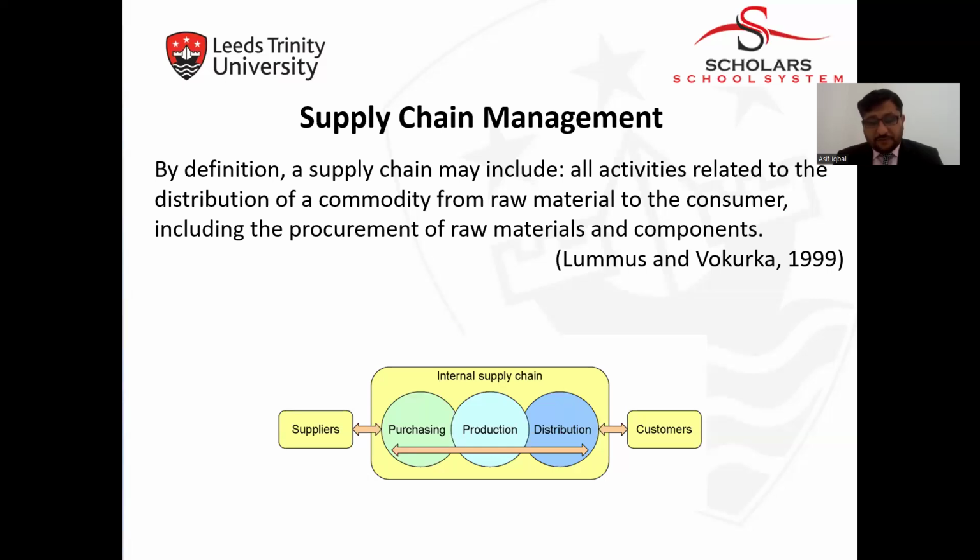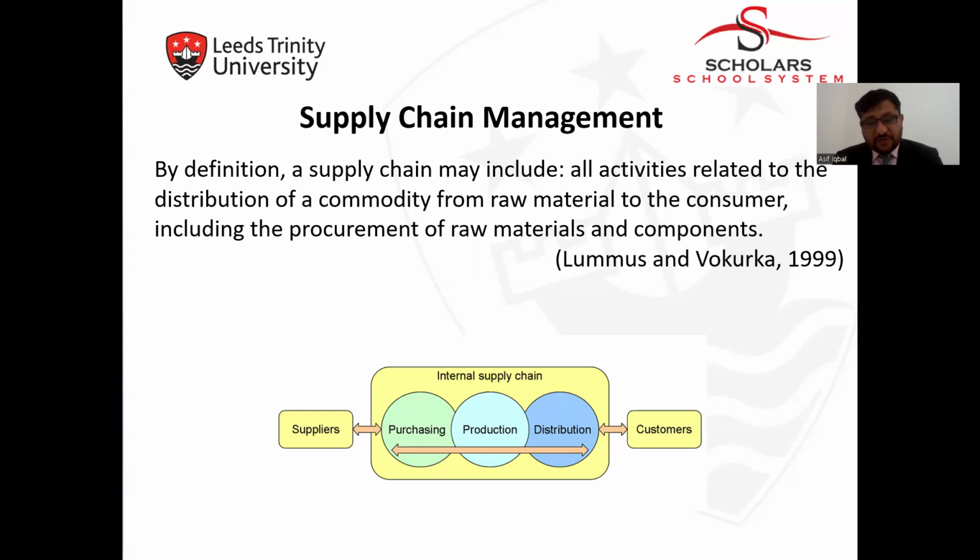If you look at the picture in this slide, on one side there is a supplier, on the other side there is a customer, and inside the box there is an internal supply chain. It means that the business purchases things from the supplier. First of all, purchasing is here. Then after purchasing the raw material, it comes into production, the warehouse, where they convert the raw material into finished goods.